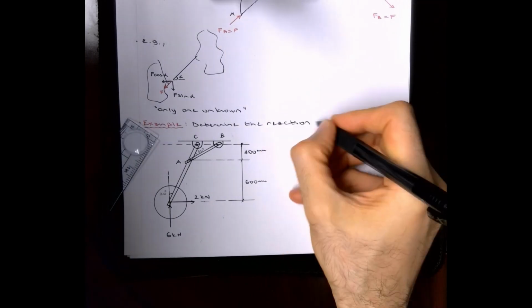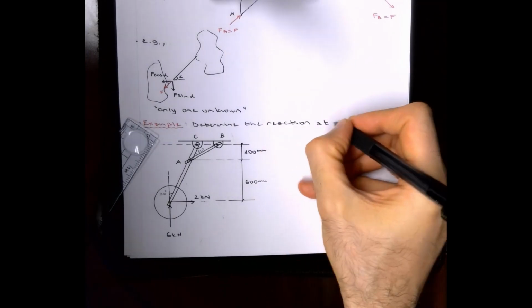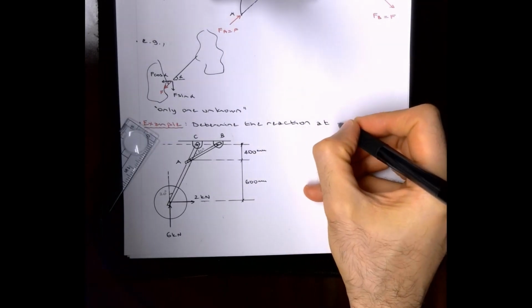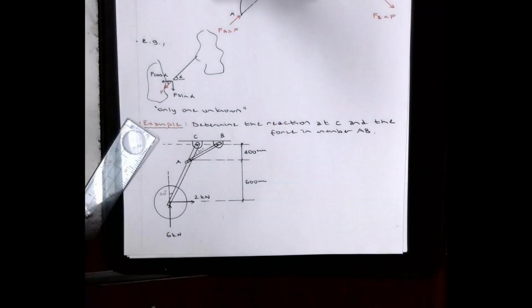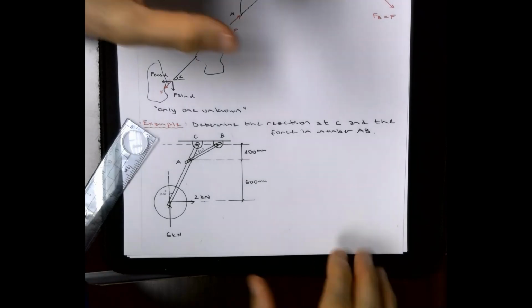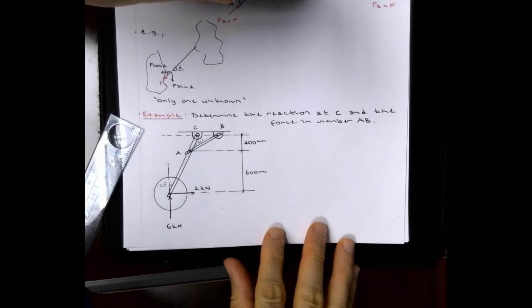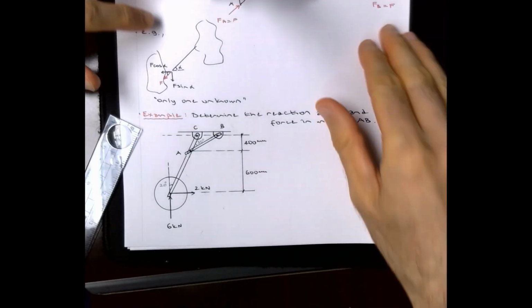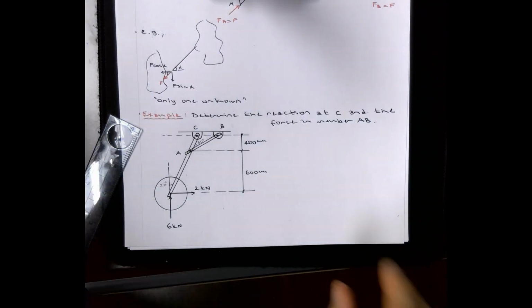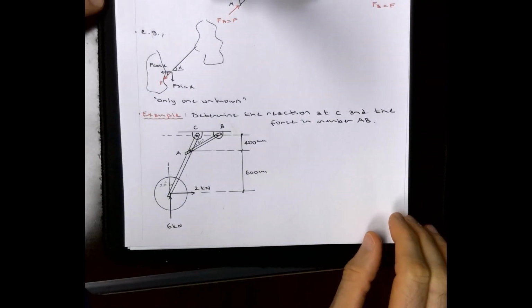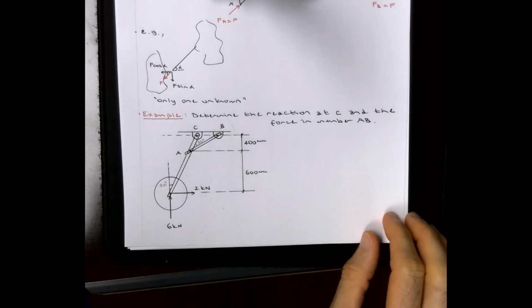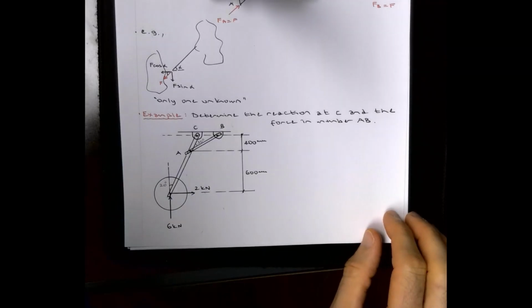Determine the reaction at C and the force in member AB. Right, so a little complex looking problem, but it's not as bad as it looks, if you know how to identify two force members. If you don't know it, you're in trouble, because I don't think you can solve this problem without identifying that two force member, right?